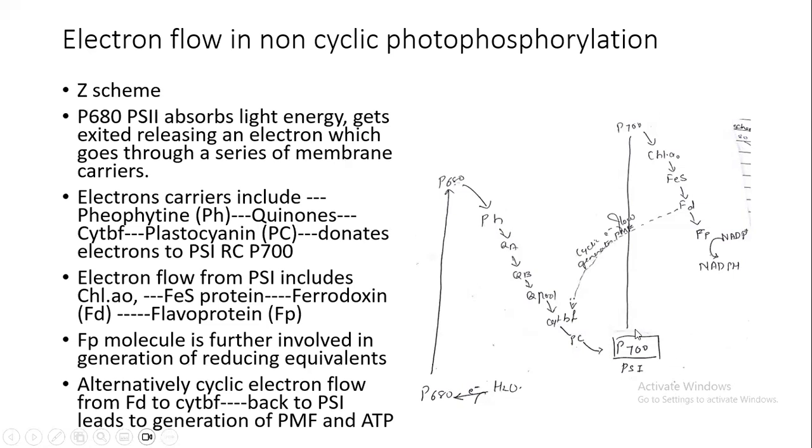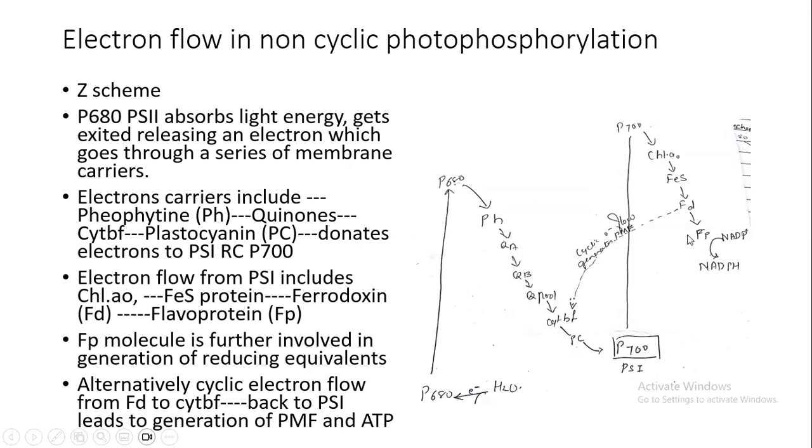the photosystem 1. The photosystem 1 also simultaneously absorbs a photon of light and gets excited, emitting an electron. The electron is transferred to chlorophyll A0 molecule, then to an iron sulfur protein, then to a ferredoxin, and finally to a flavoprotein molecule.